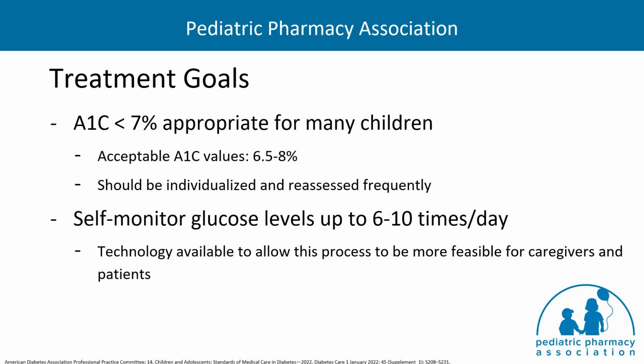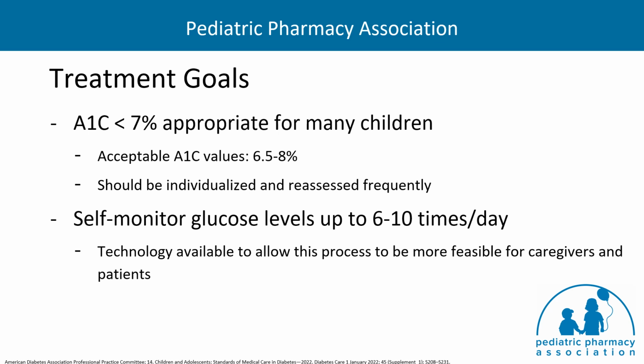For our treatment goals in these patients, an A1C of less than 7% is appropriate for many children. However, we do have acceptable A1C values of 6.5 through 8%. We use a lower A1C value of 6.5% if a patient does not have significant hypoglycemia or negative impacts on well-being or burden of care.